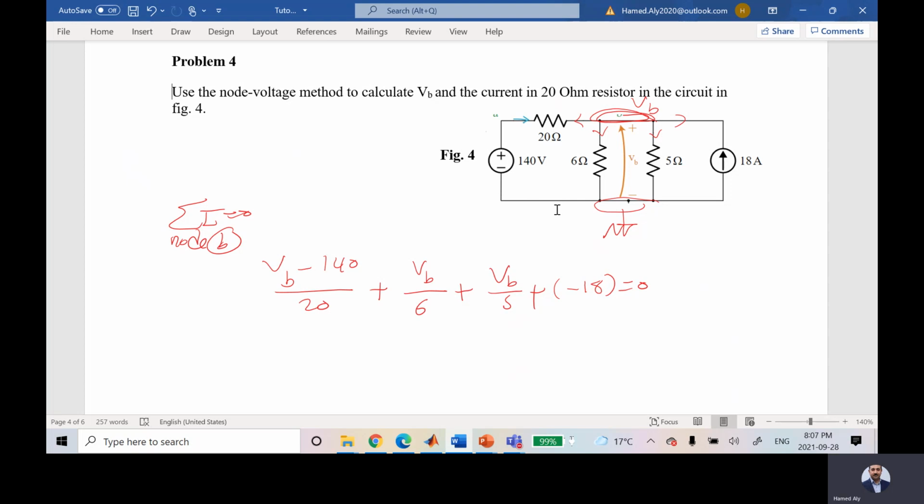They are connected in parallel in all cases. Because parallel means I have two resistors connected between two nodes. But series means I have two resistors and there is no junction in between. They have the same current. So here, these two are connected in parallel.